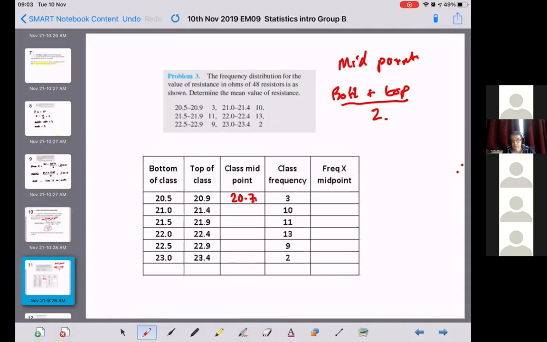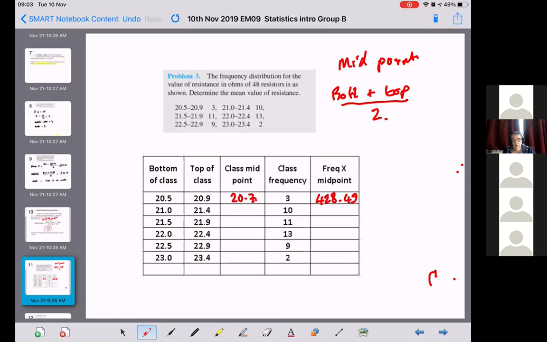And then what we do is we multiply that class midpoint value by the class frequency, to get 428.49.